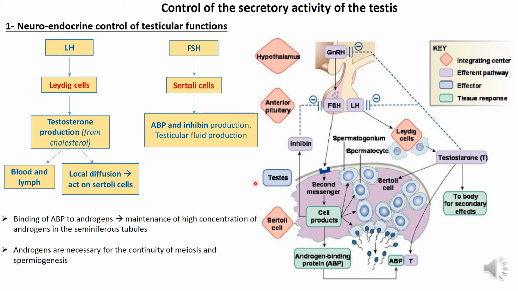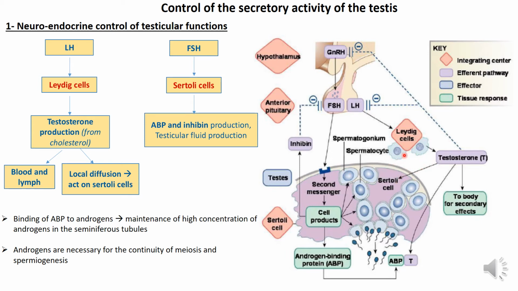In summary, the Leydig cells, in response to LH, produce testosterone, and can produce it from acetate or from cholesterol. And this testosterone can either go to the blood and lymph circulation, or it can do a local diffusion in the interstitial space between the Leydig cells and the seminiferous tubule.